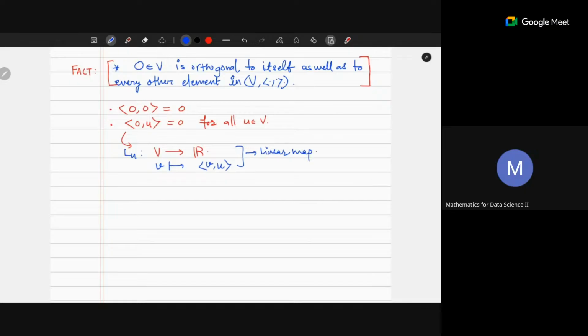And now we know that any linear map takes 0 to 0, so this implies that 0 comma u is equal to 0.